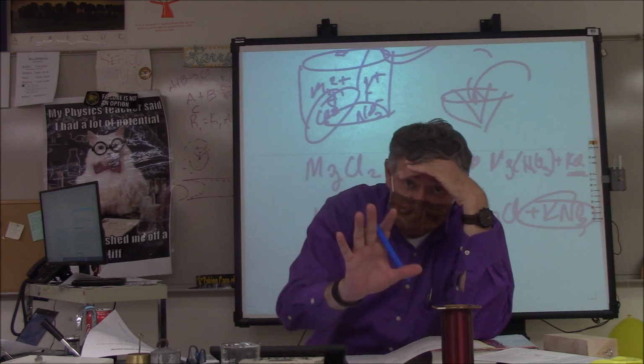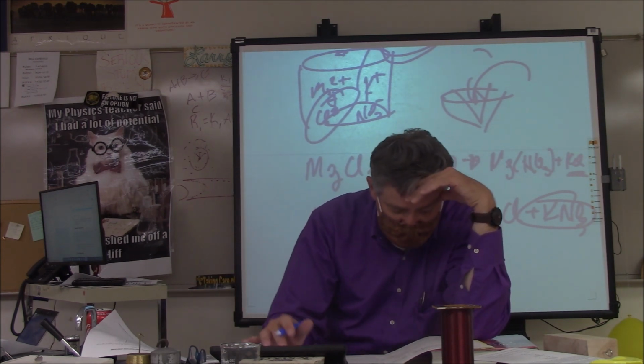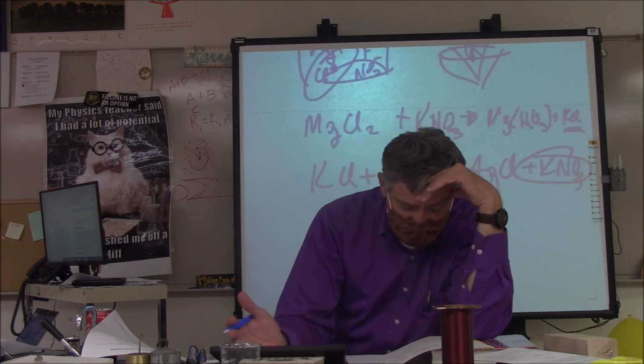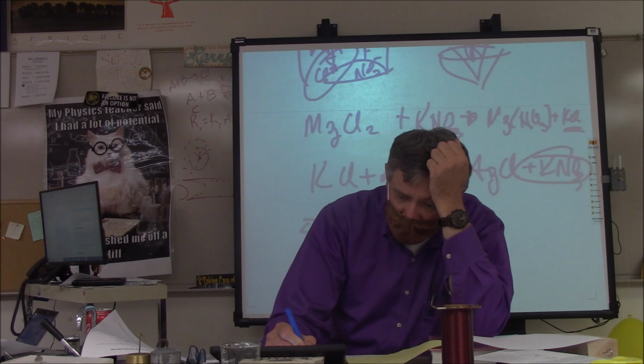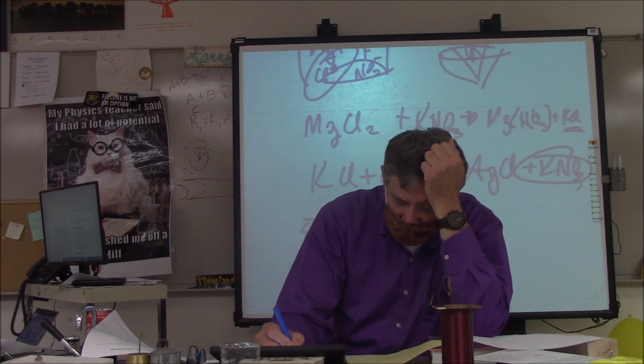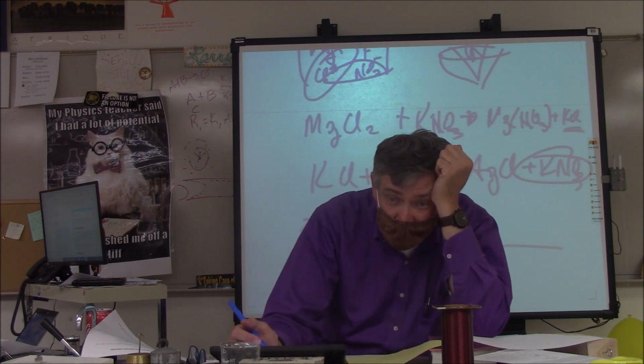But here's the point though. Notice on this one, everything is in a 1-to-1 ratio. So you've got 5.48 grams of silver chloride. What's the first thing you're going to have to do with those grams of silver chloride? Convert it into moles.